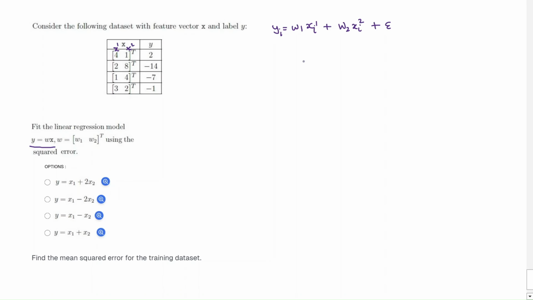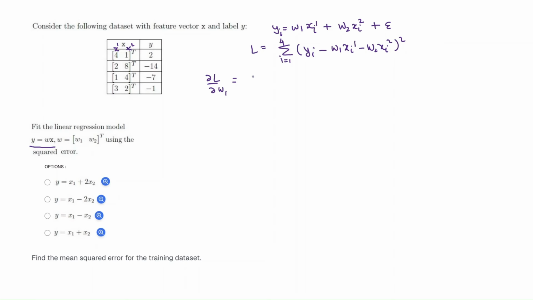Okay, now what will be the loss function? The loss function will be summation of (yi minus w1 xi1 minus w2 xi2) whole square, right? i running from 1 to 4 because there are 4 data points. Now if I take derivative of this with respect to w1, remember that in least squares we take derivative and set it to 0 and try to find out the value of w1 and w2.